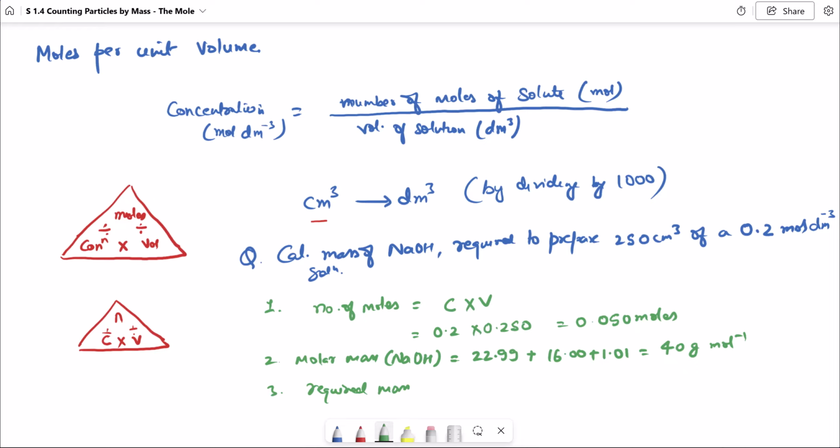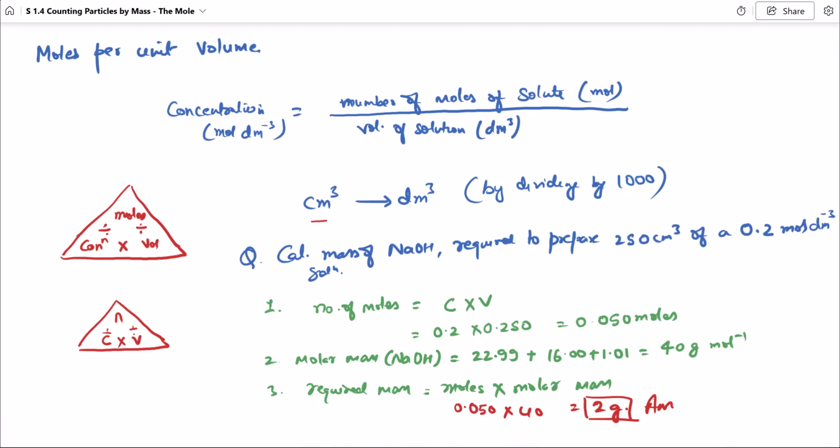So required mass is equal to moles into molar mass. Done. So moles is 0.050 into 40, which will come around 2 gram. Answer.